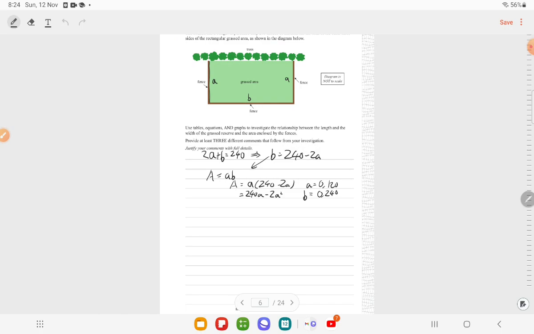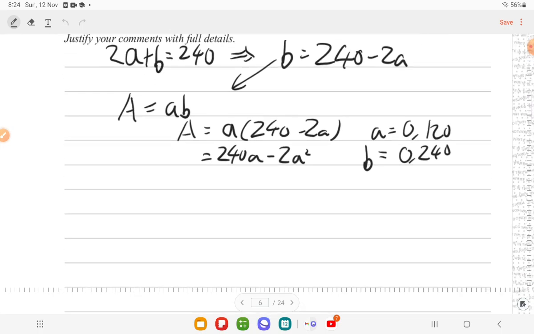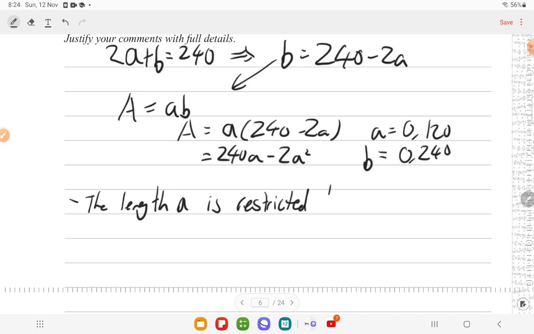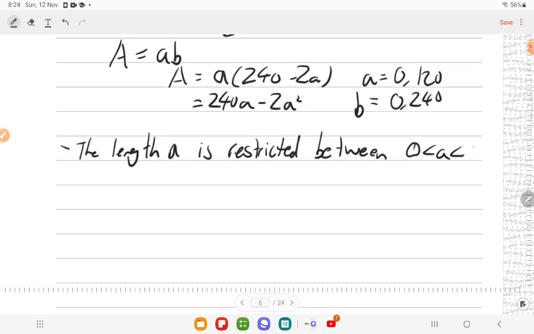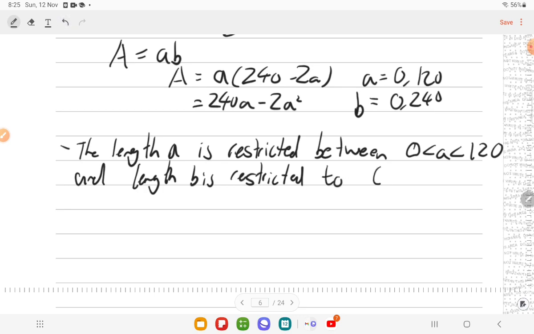Okay, so the comments I wrote down were: the length A is restricted between 0 less than A less than 120, and length B is restricted to 0 less than B less than 240.